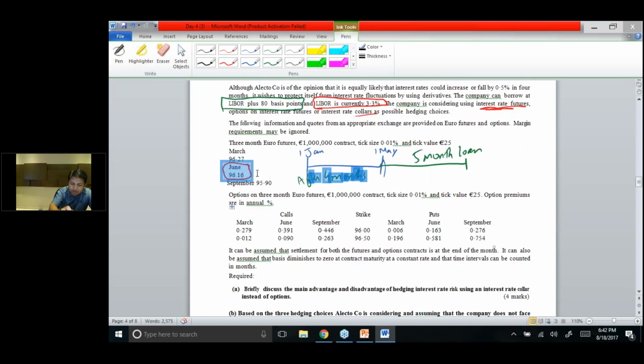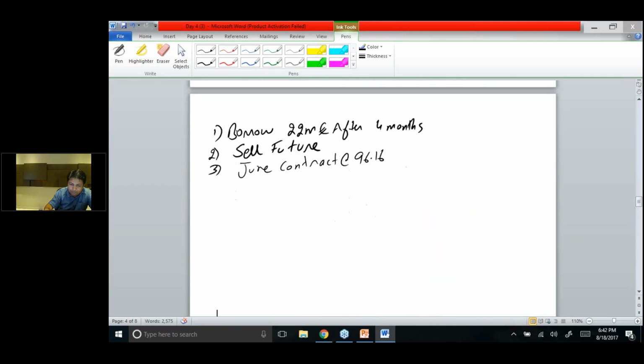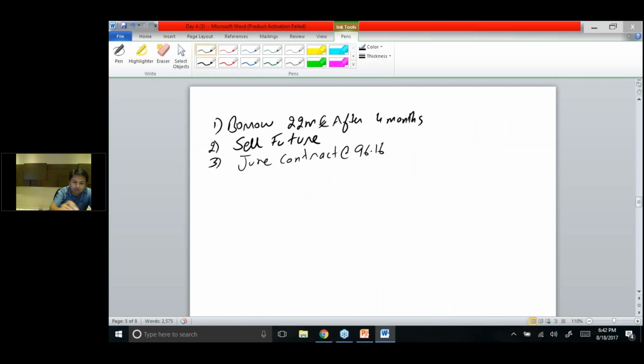Yes, 96.16. Okay, 96.16 means 3.84%. Okay, what was the fourth step?